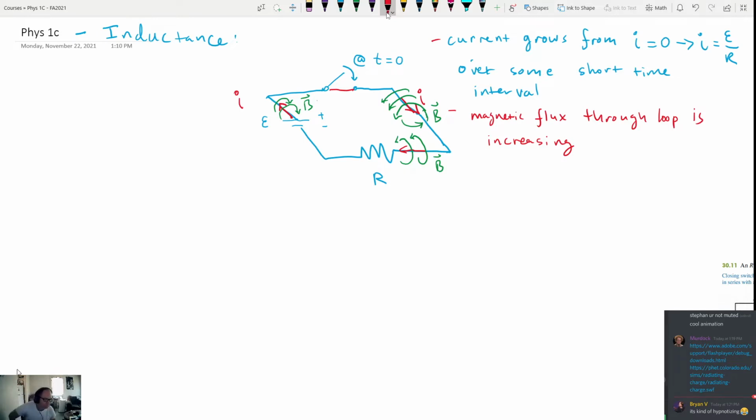Do you all agree with that statement? Okay. According to Faraday's law, there has to be an induced EMF then, right?